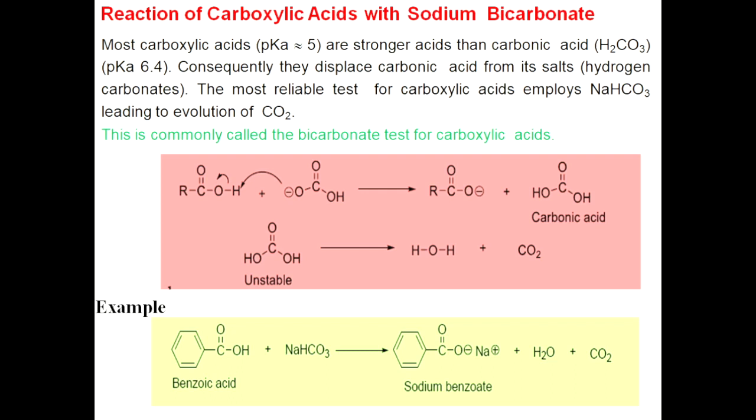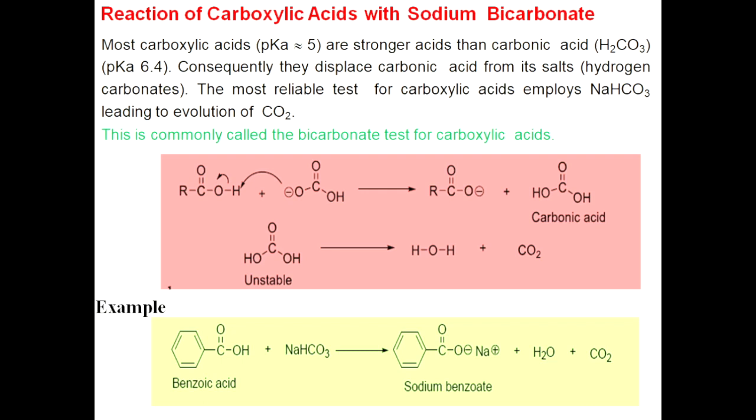The most reliable test for carboxylic acid is the sodium bicarbonate test, which leads to the evolution of carbon dioxide. So this reaction can be used as a test for the presence of carboxylic acid in a mixture.